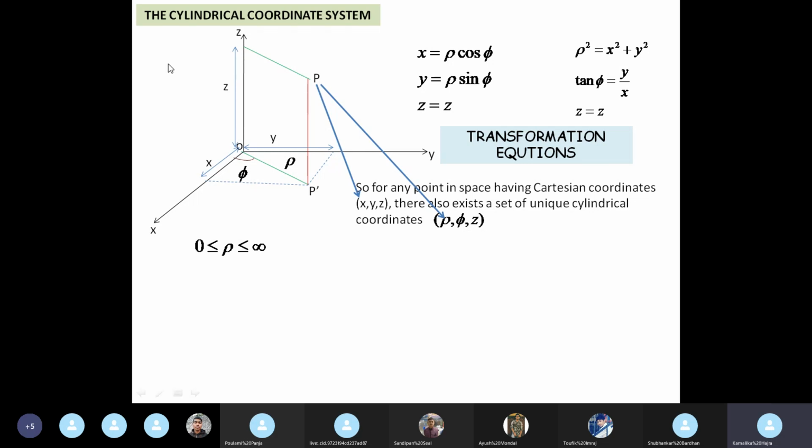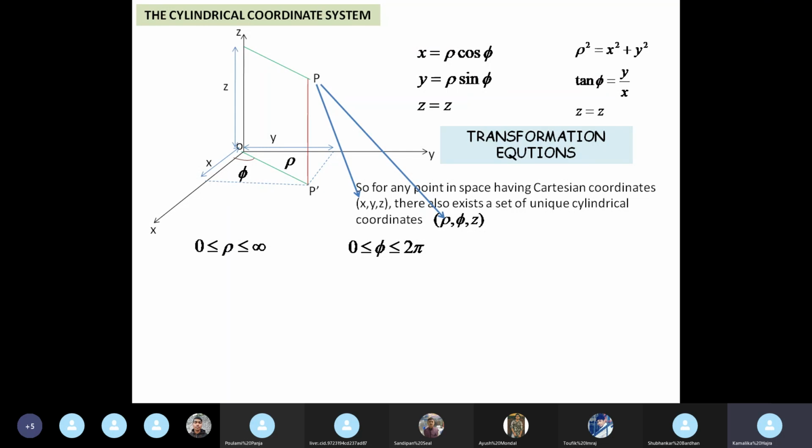So basically this point P, unless phi and z are specified, if you have just given a value of rho, then this point P can appear on the surface of a cylinder, anywhere on the surface of a cylinder of radius rho about the z-axis, which is why we call this the cylindrical coordinate system. Okay. Now next, phi.